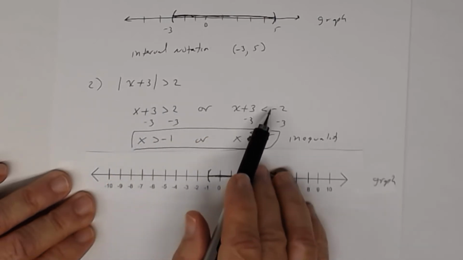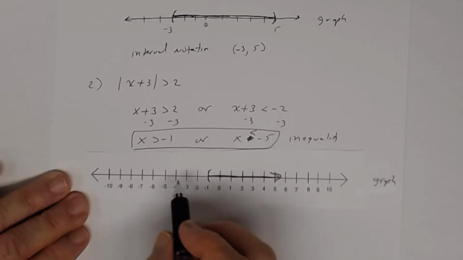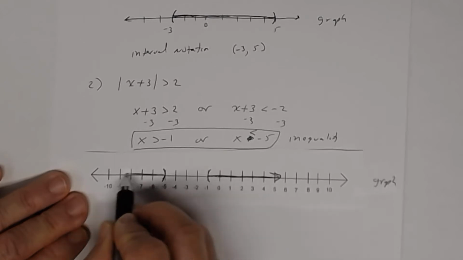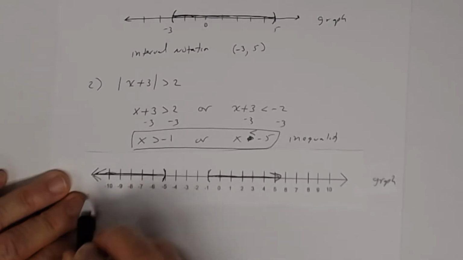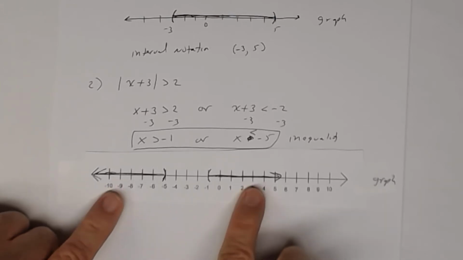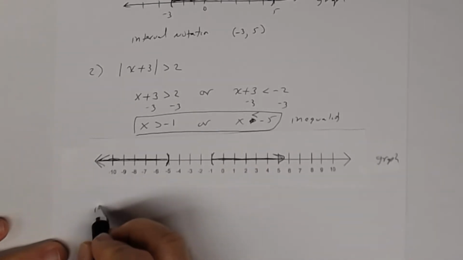And any number less than negative 5, so here's negative 5 with parentheses, just like this, and you're going to the left. So those are your two solutions, the two intervals that represent your solution set. Now, as an interval notation, that one's easy.